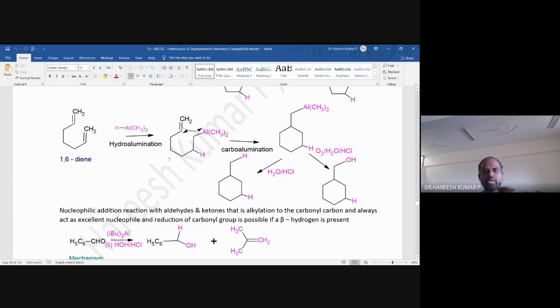So we know what hydroalumination is, and also what carboalumination is. Carbon as well as aluminum added to a double bond is carboalumination. Hydrogen as well as aluminum added to a double bond is called hydroalumination.